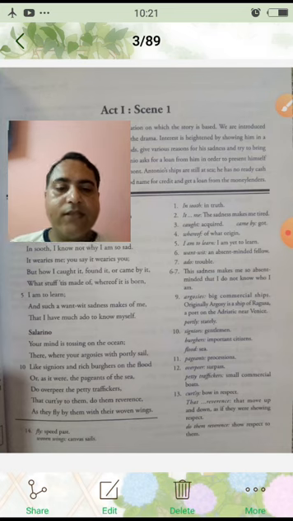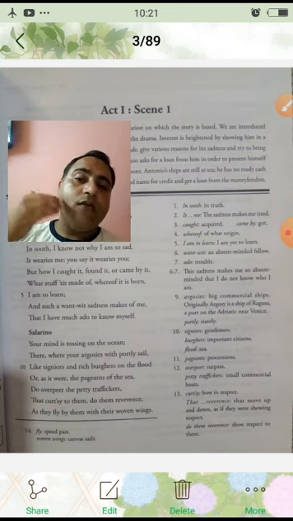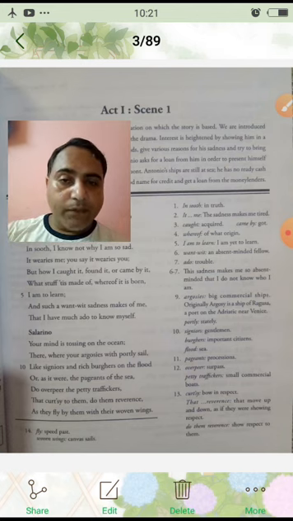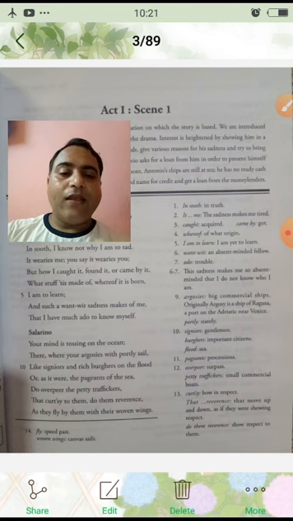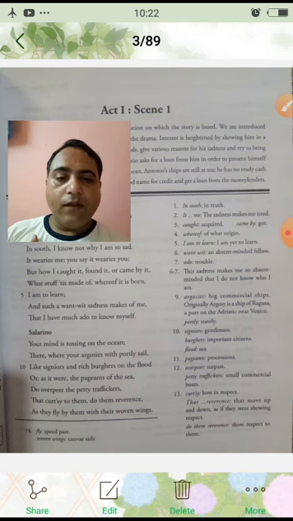Curtsy is given, which means bow in respect. And how do they look? When your big commercial ship passes the other small boats, it looks as if they are giving respect, that is, they are bowing in respect to your ship.